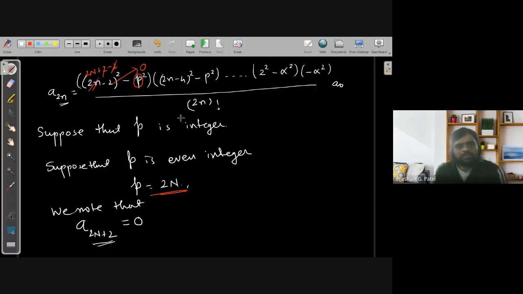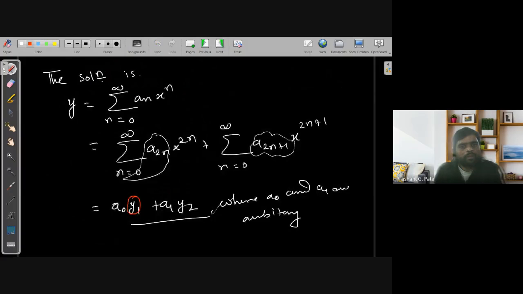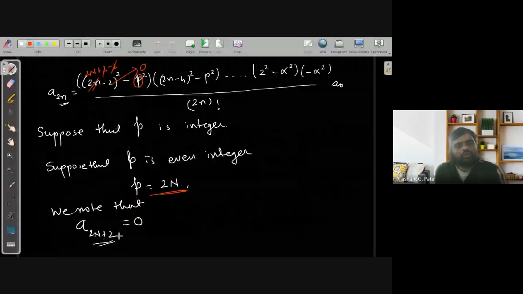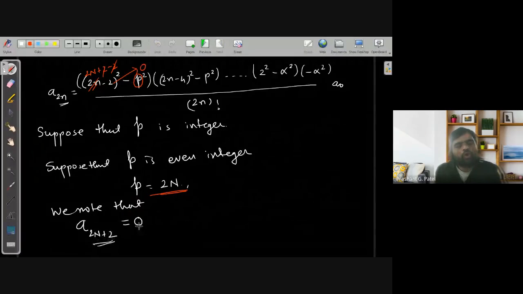So that means this y1 which we have here in the solution, this summation only goes up to n equal to 0 to n. Afterwards a 2n plus 2, a 2n plus 4, all the terms will become 0.